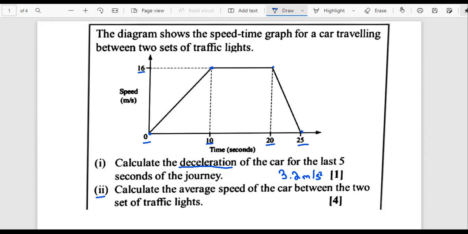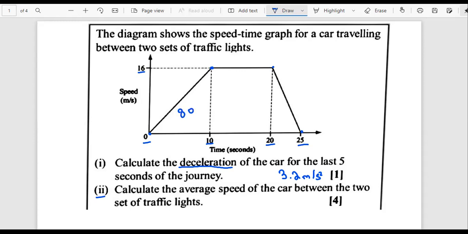Oh, I know how to do this. So the average speed is, you split it up into a triangle and a square, and then you add them up. You do the area for the triangle first, so it would be 10 times 16 divided by 2, which equals 80.